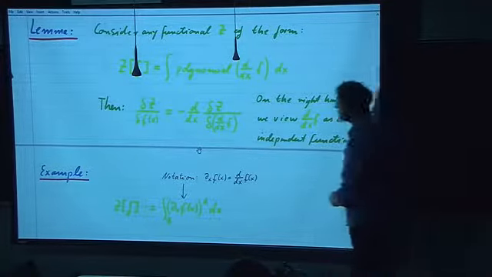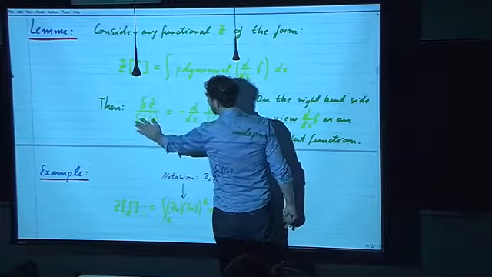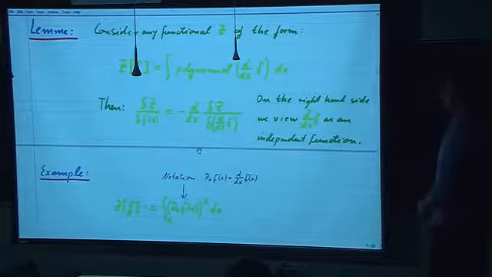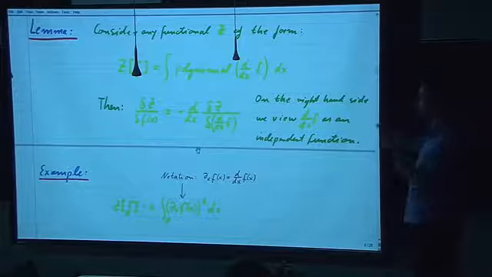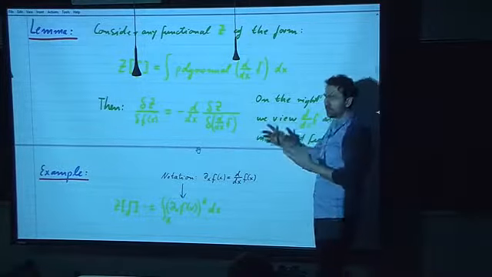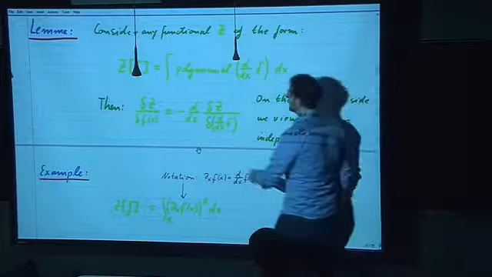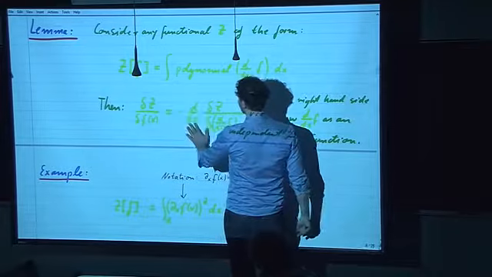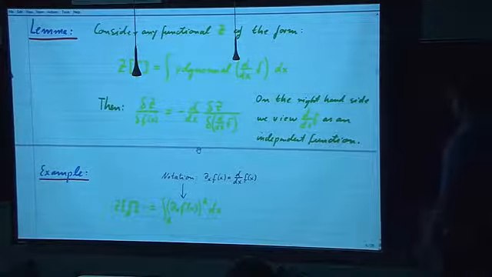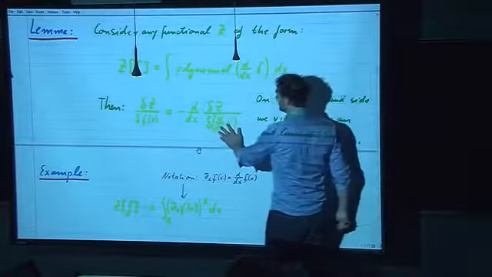Then you can show that the functional derivative of z with respect to f, according to the original definition of what a functional derivative does, really working out the Newton-Leibniz thing, and then on occasion perhaps using integration by parts, you find that it is minus d by dx of dz by the derivative of the function.